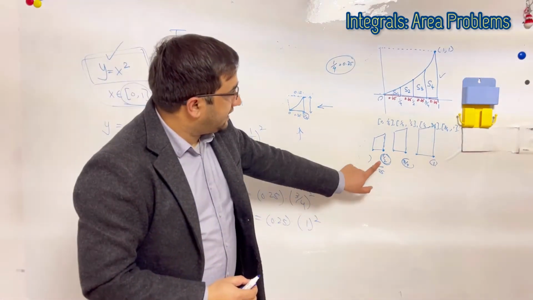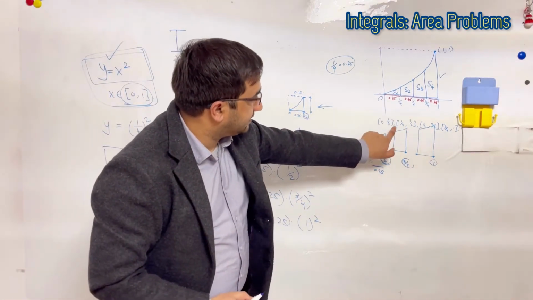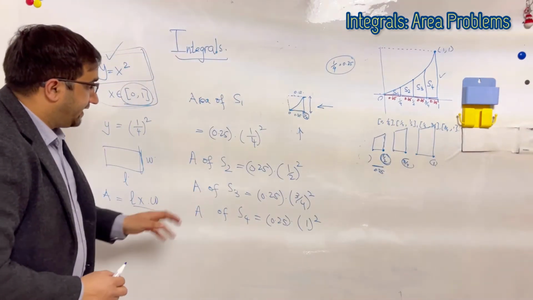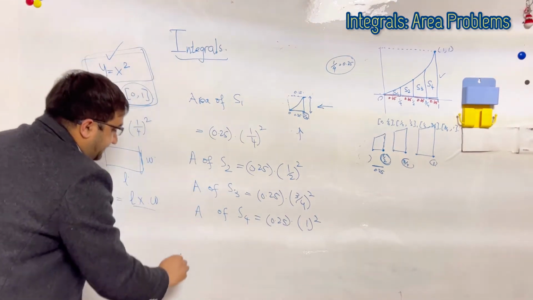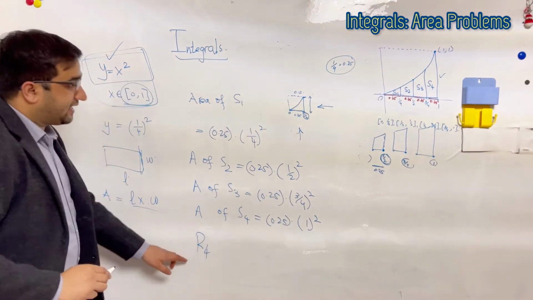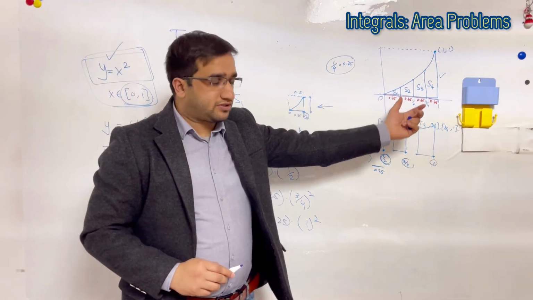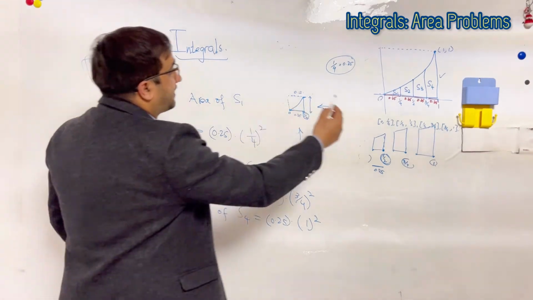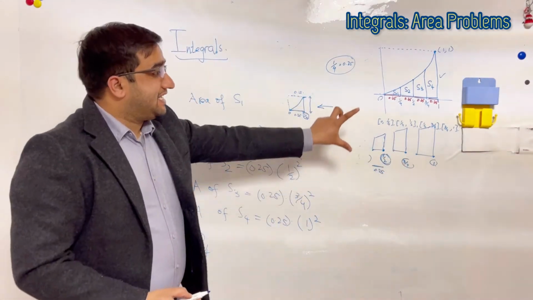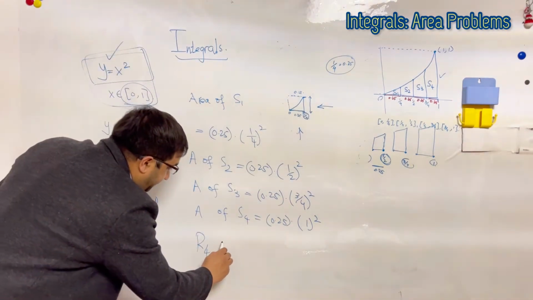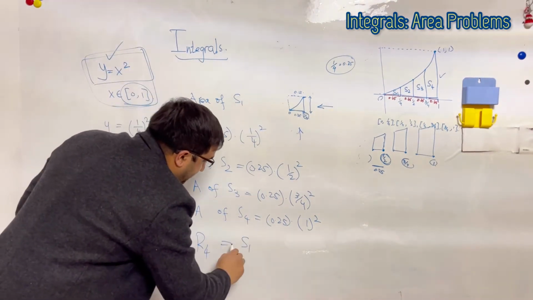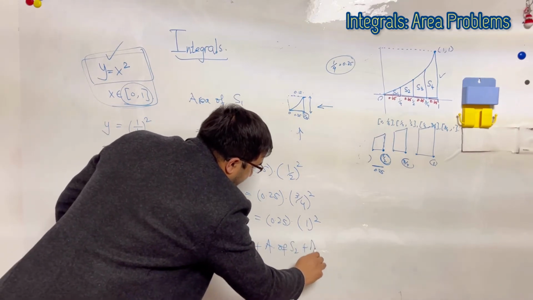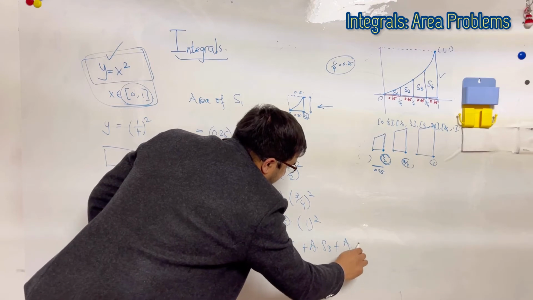So I only consider the right end points of the intervals: 1 by 4, 1 by 2, 3 by 4 and 1. Let's say this is R4, because I have split the region into 4 slices. So I give the subscript 4 and I'm saying R4 for the right-sided area of all the rectangles. So R4 is the area of S1 plus area of S2 plus area of S3 plus area of S4.